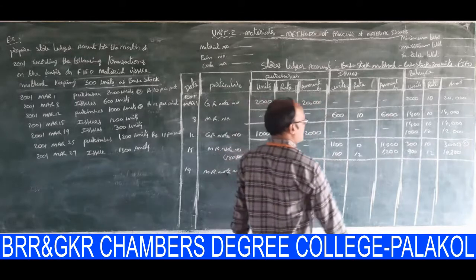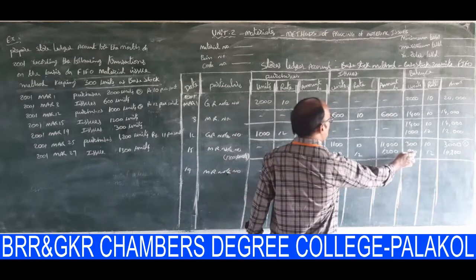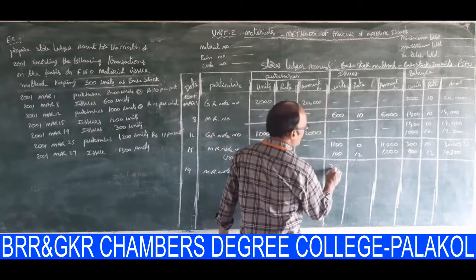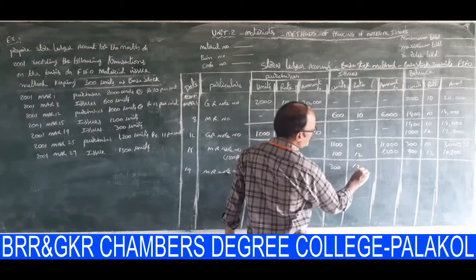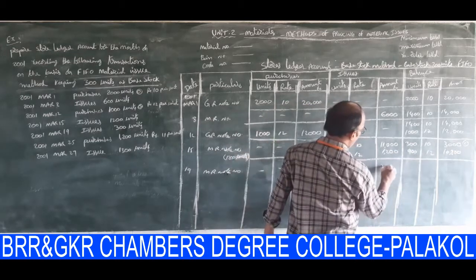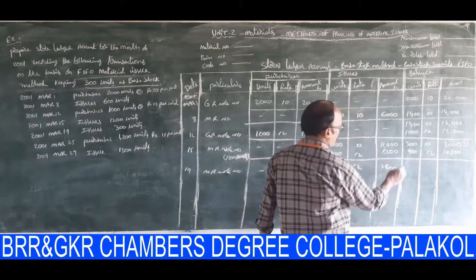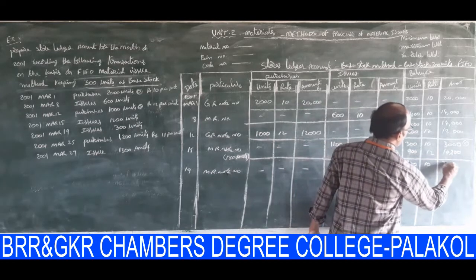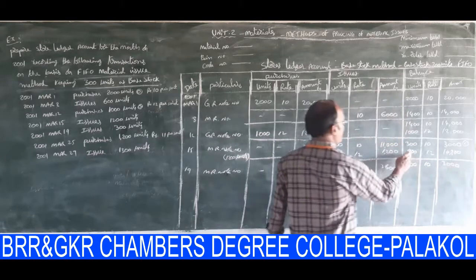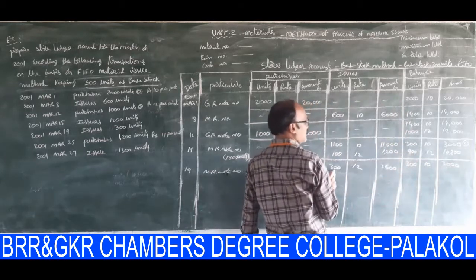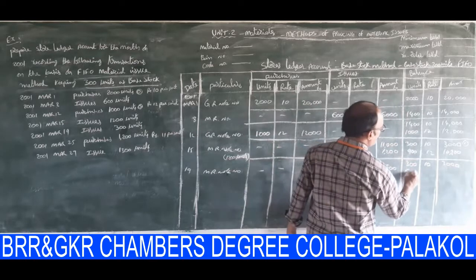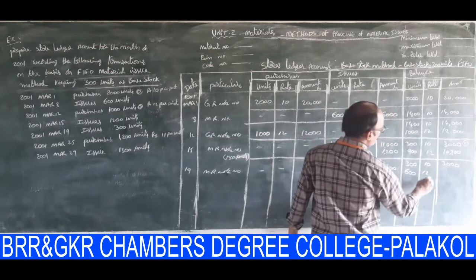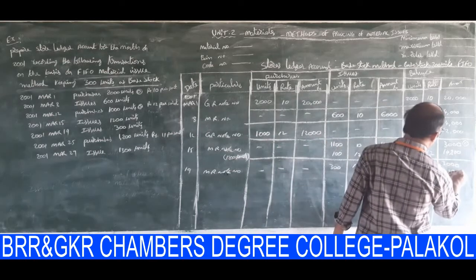So that's why 300 units are issued from this only. 300 at 12 rupees per unit, 3,600. 300 units base stock, 3,000. 900 minus 300, 600 units at 12 rupees per unit, 7,200.